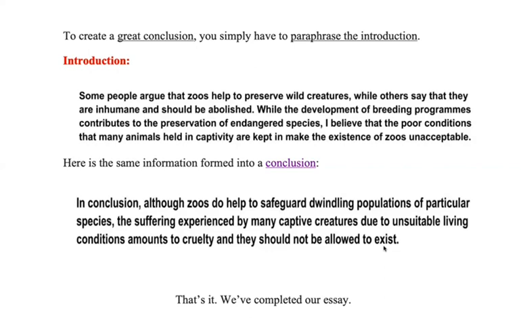So he mentioned the good thing about saving or protecting those endangered creatures or animals or species from extinction. But again, he says, I don't like keeping animals in poor, unsuitable living conditions where they suffer from the small spaces. Okay.